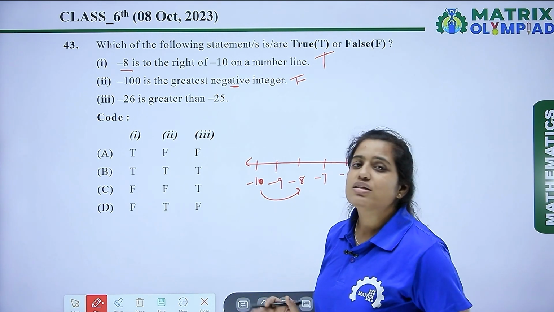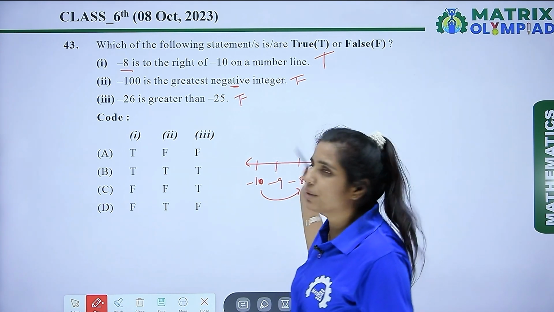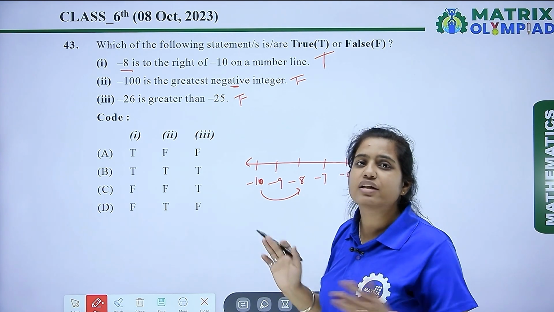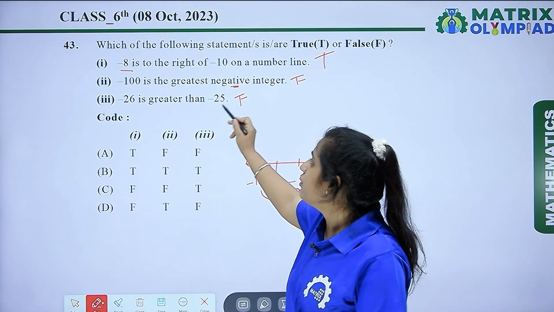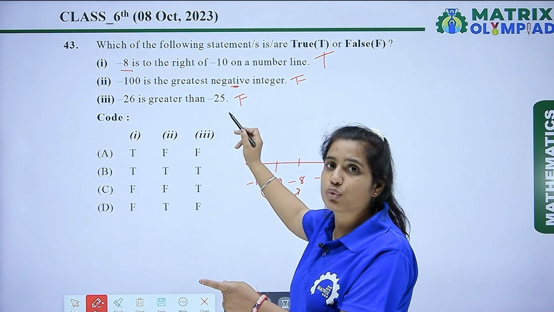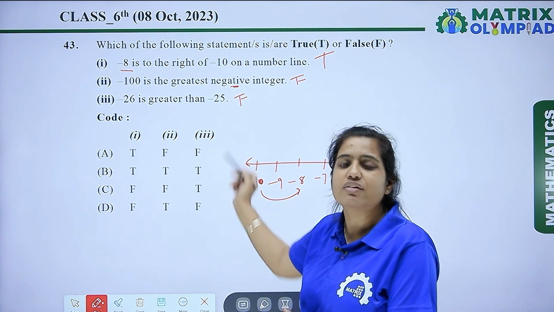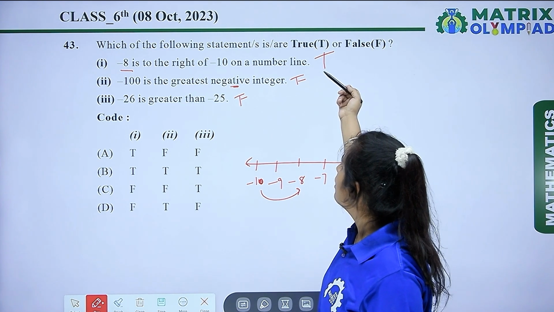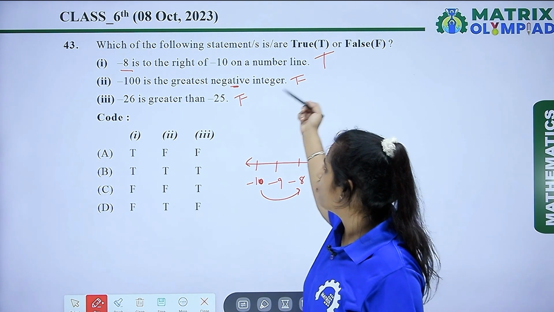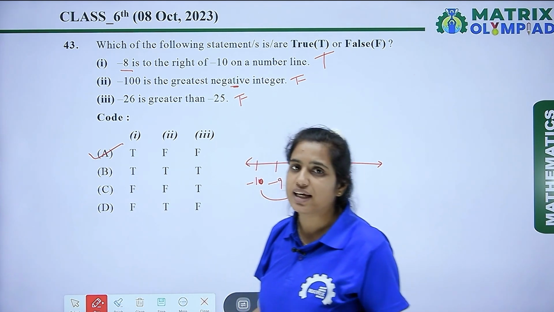No, it is not true. क्योंकि जो राइट साइड में नंबर्स आते हैं they are greater than the numbers which are lying on the left hand side. तो -25 greater है -26 से, but -26 greater नहीं है -25 से. So here the statement is false. So now statement first is true, then false, and then false. So true, false, false. Here option A is the correct answer.